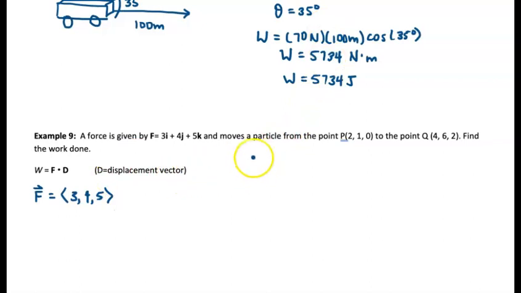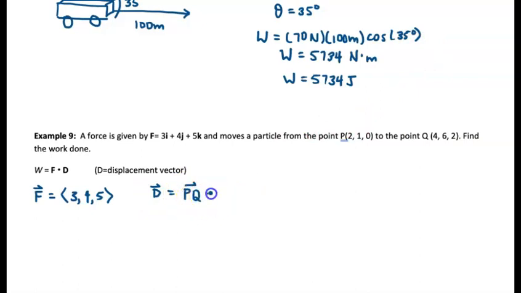Okay, now what is D? Well, D is equal to the distance from P to Q. I'm sorry, not the distance, but the vector from P to Q. So I can really say the vector D is the same as this vector PQ.